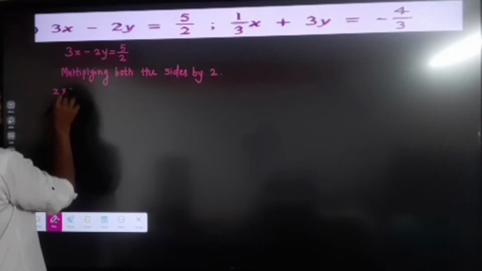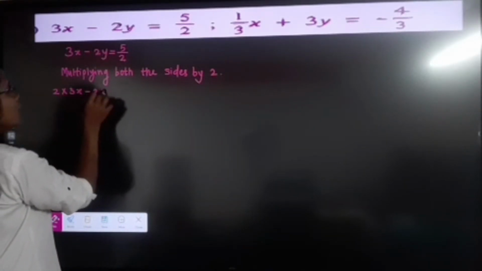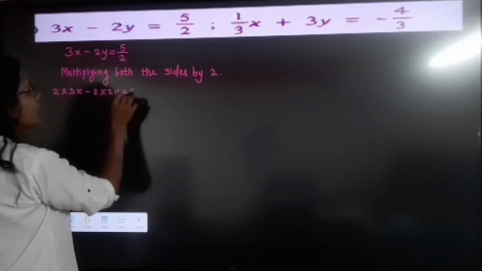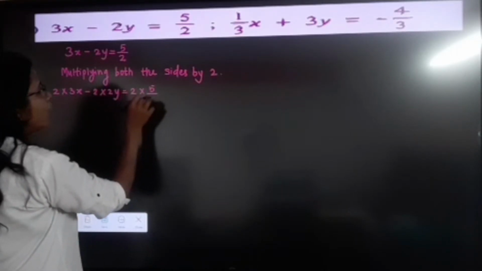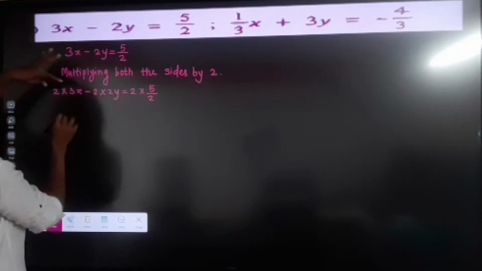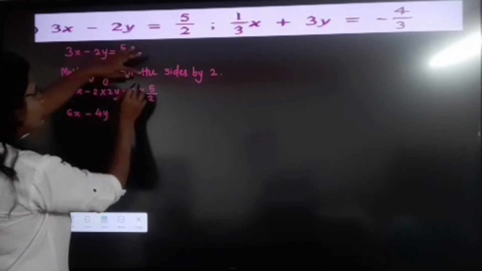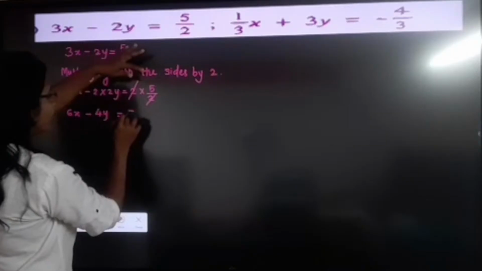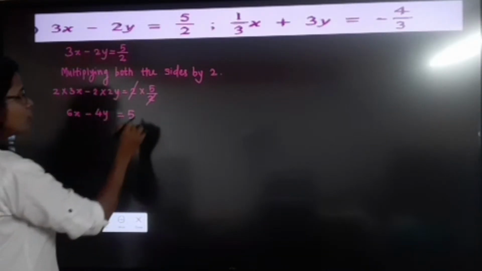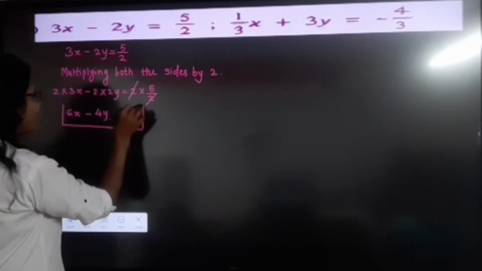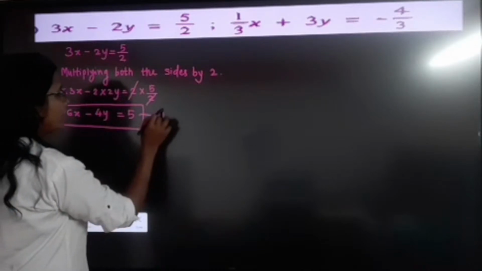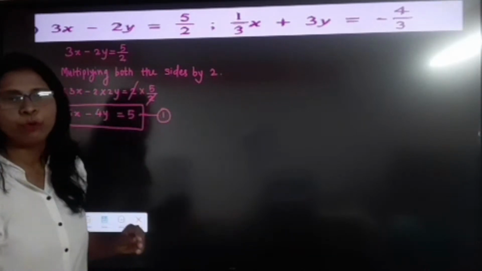So 2 multiply 3x minus 2 multiply 2y is equal to 2 multiply 5 upon 2. So that means students, 6x minus 4y is equal to, the 2 gets cancelled, 5. Okay students, so this one is the first equation in a simple form.